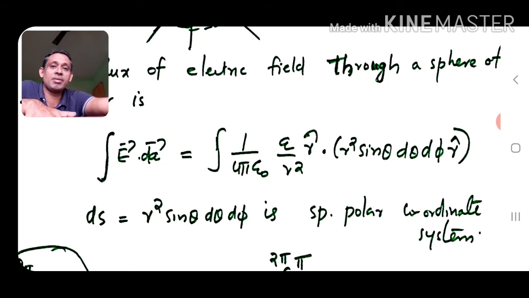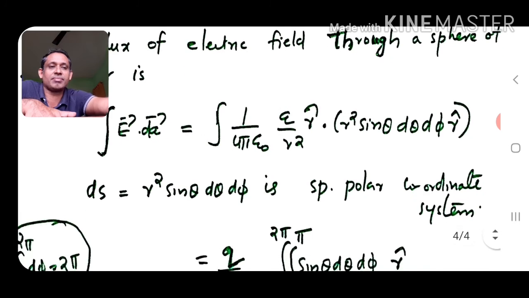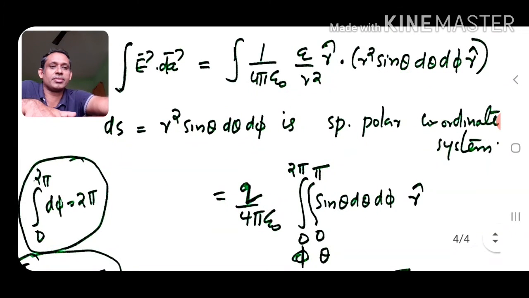An area element in spherical polar coordinates is r square sine theta d theta d phi, times the unit vector r, because everywhere on the surface of the sphere the area vector points radially outwards.